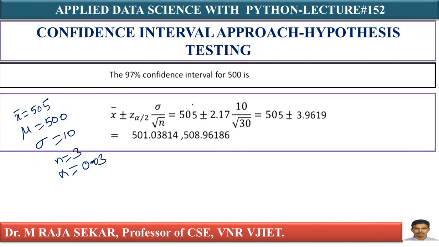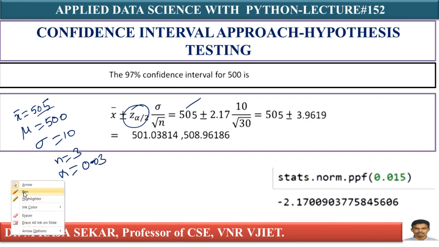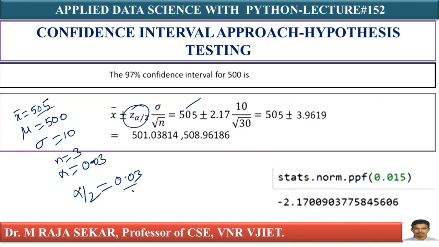Just substitute. What is my x bar? 505. Z alpha by 2 I already discussed in the previous lecture. How will I get it? stats.norm.ppf of alpha by 2. It's a two-tailed test. Here alpha is 0.03, so alpha by 2 means 0.03 by 2, that is 0.015.